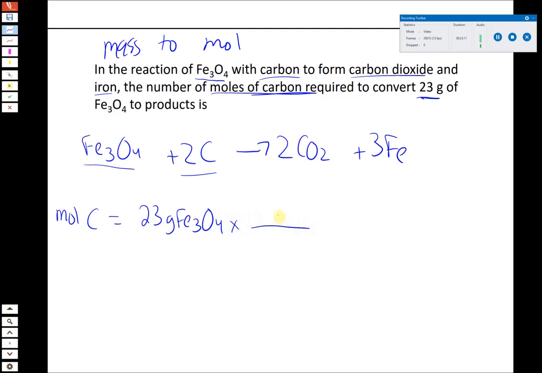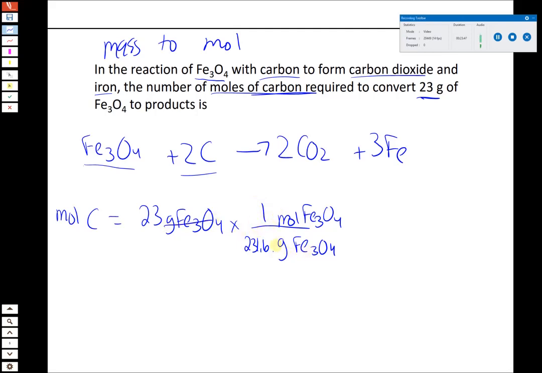So we need to find moles of Fe3O4, and to do that we again use molar masses, same step we've been doing a lot, where we use the molar mass to relate grams and moles. We need the molar mass of Fe3O4, so let me get that real quick, because I didn't calculate this beforehand. All right, so the molar mass of Fe3O4 is about 231.6, assuming I did that correctly. So 231.6 grams of Fe3O4 per 1 mole.